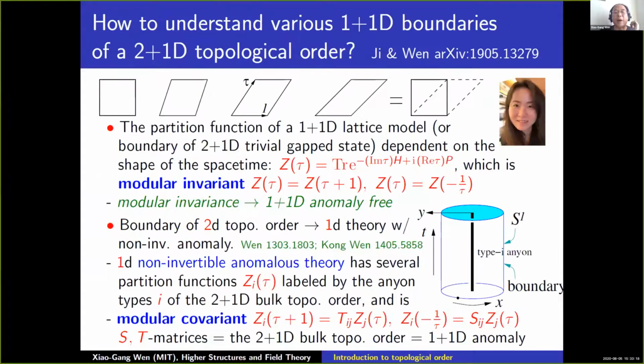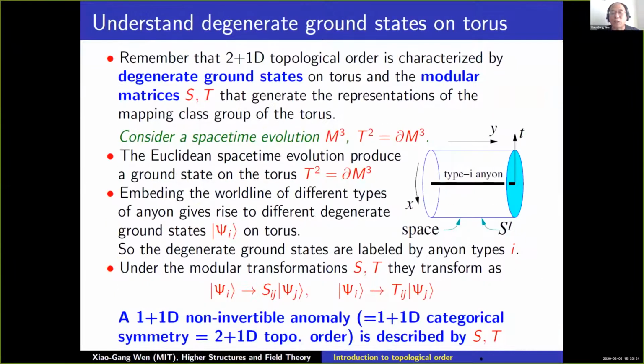Okay, that's some background. Now let's try to explain why this 1+1D categorical symmetry can characterize or determine the 1+1D conformal field theory. Or another way to say it, how this ST matrix can characterize or determine a 1+1D conformal field theory.